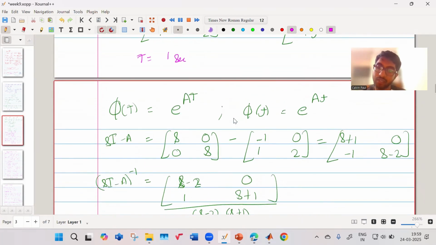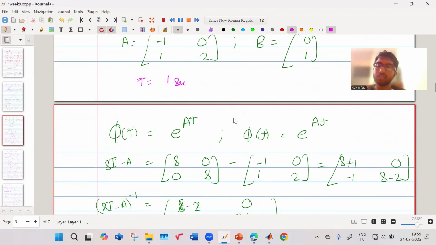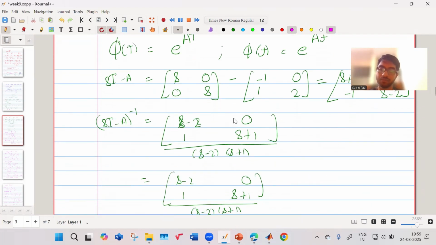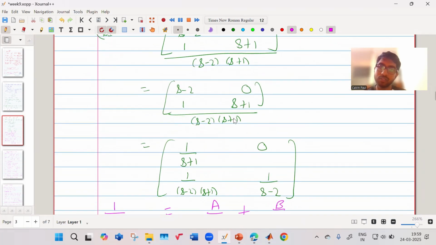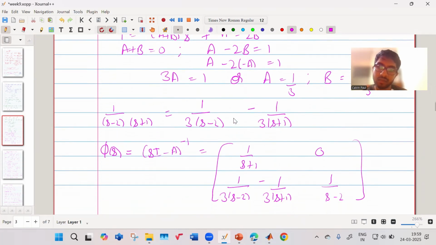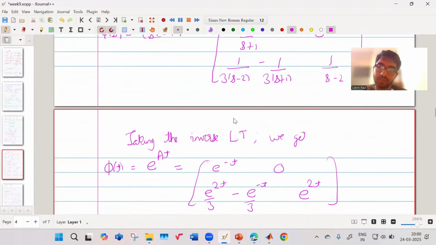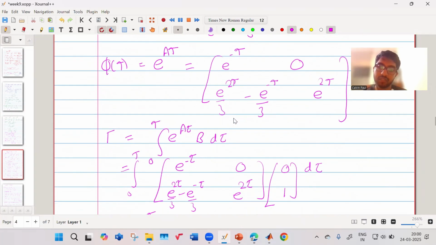How do you find the state transition matrix? Earlier I thought it just had to be done by the computer, but then I realized that you can find the state transition matrix using the Laplace transform, which is the way I prefer. Then we used the partial fractions method and took the inverse, and we got this expression.